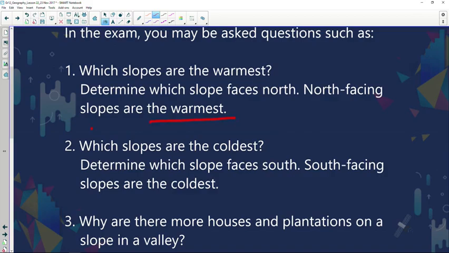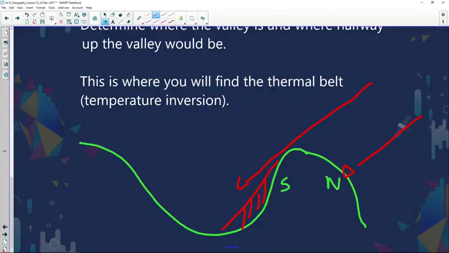The south-facing slopes, facing away from the equator, and I've shown you over here, the south-facing slopes, away from the equator, are cast in the shadow. They won't receive as much insolation like the north-facing slopes. So very importantly, when you do get a question regarding aspect in your topographical map, go and look at the slopes, and you will see possibly that more people will settle on the north-facing slopes than the south-facing slopes.